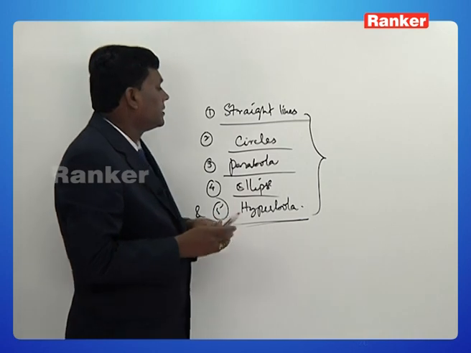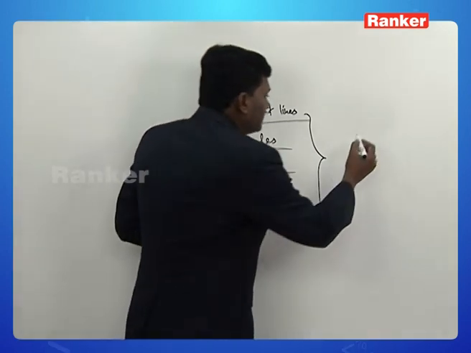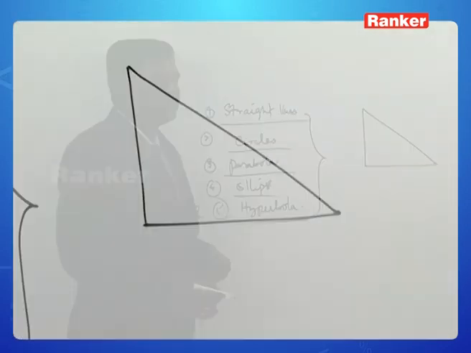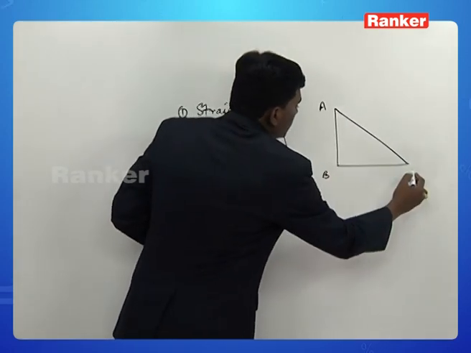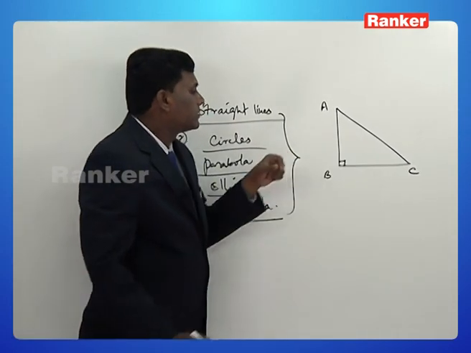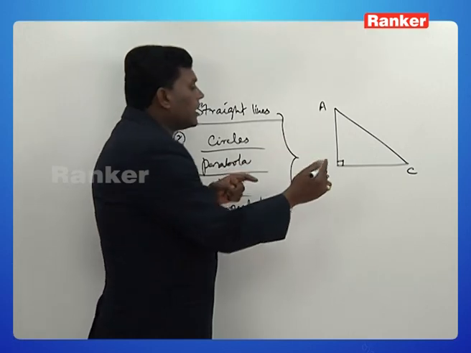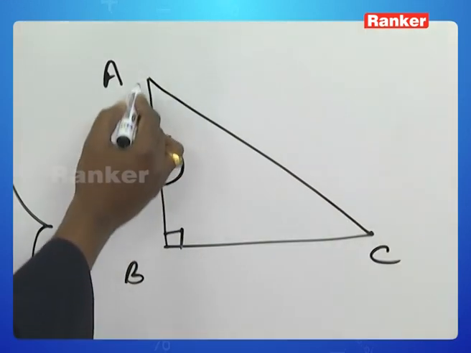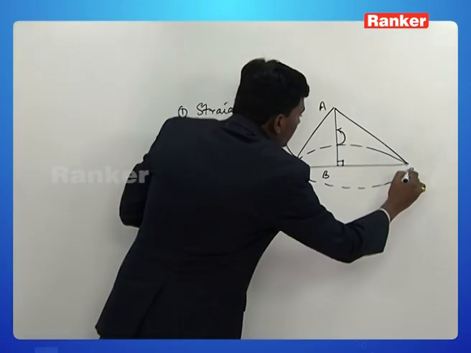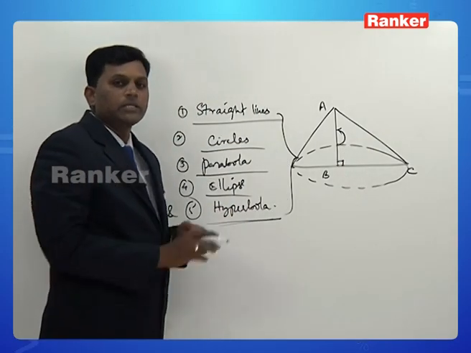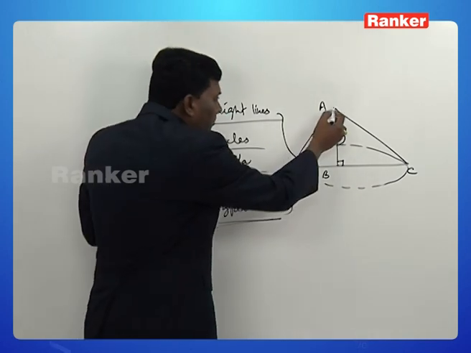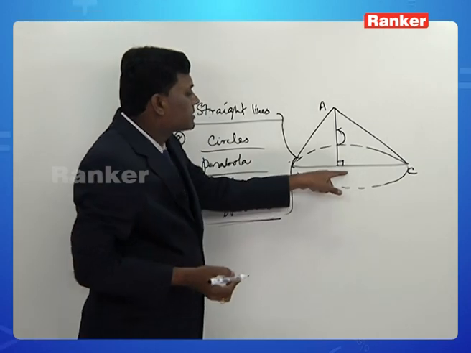To analyze all these, let us start with a right angle triangle. I am taking a simple right angle triangle which is right angled at vertex B. Here in this right angle triangle, if we are rotating the base about this vertical side, clockwise or anti-clockwise, and completing a full rotation, the three-dimensional figure we get by this rotation will form a cone which is called a right circular cone.